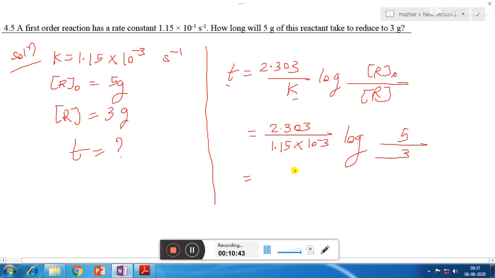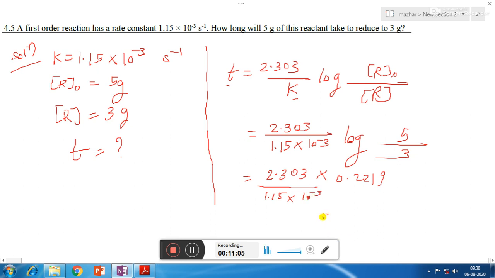Now when you solve this, that is equal to 2.303 into, now log 5 upon 3 is 0.2219, divided by 1.15 into 10 raised to minus 3.